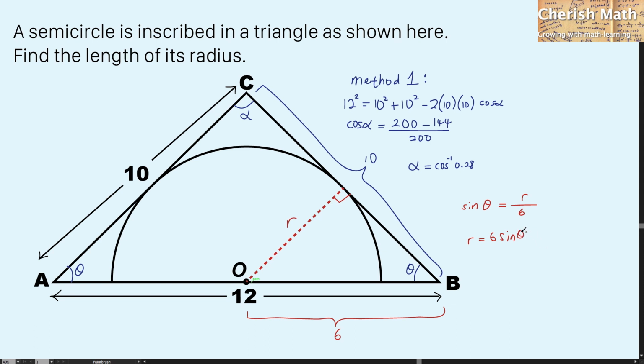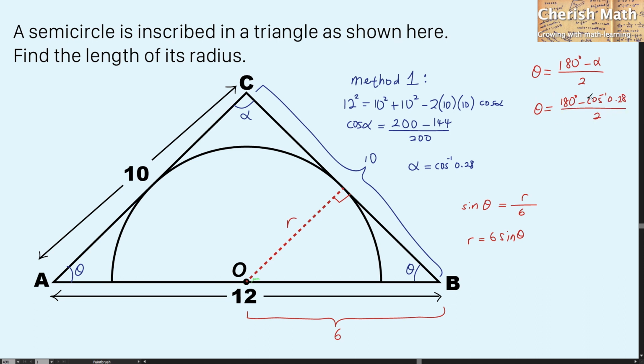Now, the crucial part is the angle theta. How am I going to get it? Theta can be found by using the angles of this triangle ABC: 180 degrees minus alpha, divided by 2. And what is the value of alpha? I substitute from here: 180 degrees minus the inverse of cos 0.28, divided by 2.